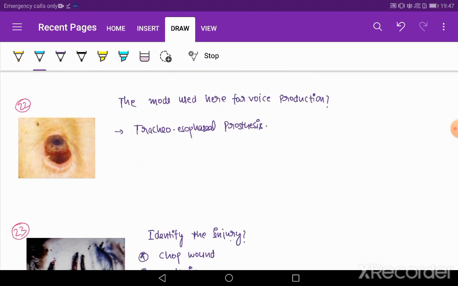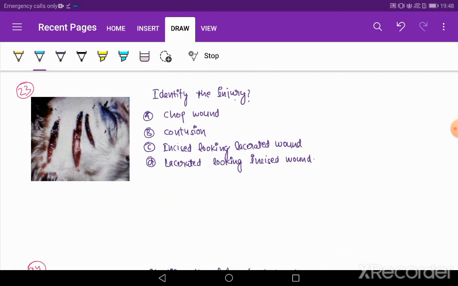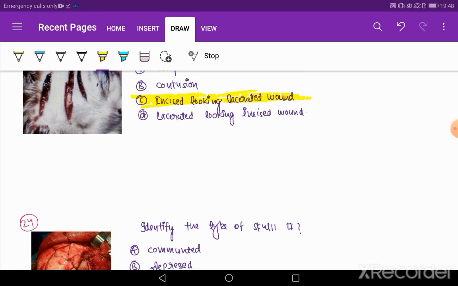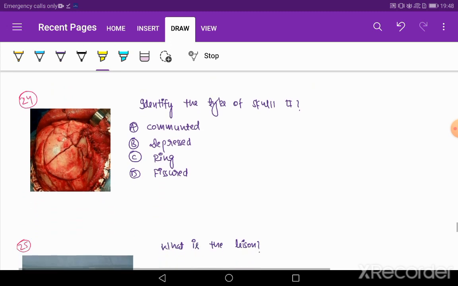Our next question is the mode used here for voice production, and this is tracheoesophageal prosthesis. Our next question is to identify the injury: chop wound, contusion. This is an incised looking lacerated wound. This is not the exact image, but something like that was there.